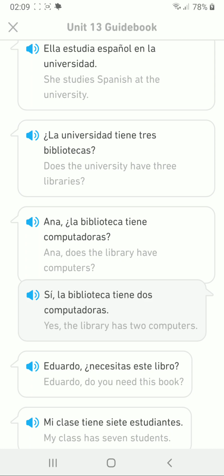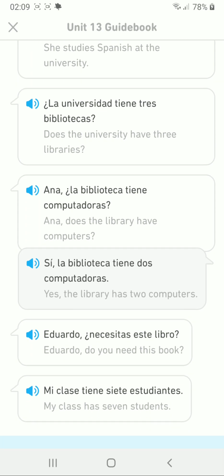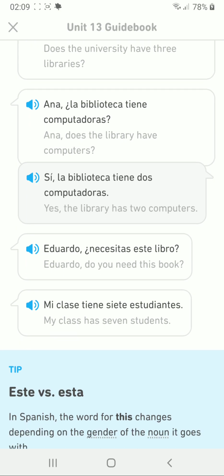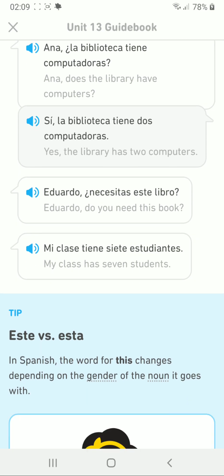A ver. Ana, la biblioteca tiene computadores. Ana, does the library have computers? Sí, la biblioteca tiene 2 computadores. So that's how you say computer. Yes, the library has 2 computers. Eduardo, ¿necesitas este libro?